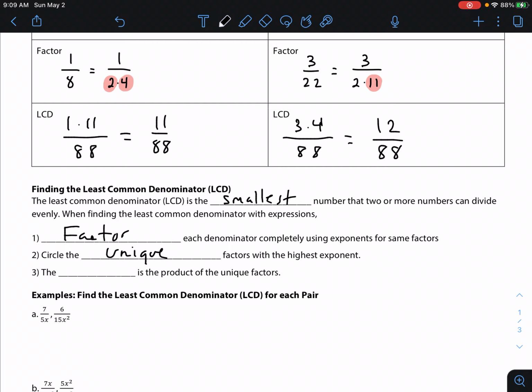Circle, highlight, whatever we want to do. And then the LCD, or the least common denominator, is the product of those unique factors. Okay, so what does that mean? Well, I think it's easiest just to put it to work and see what we have.